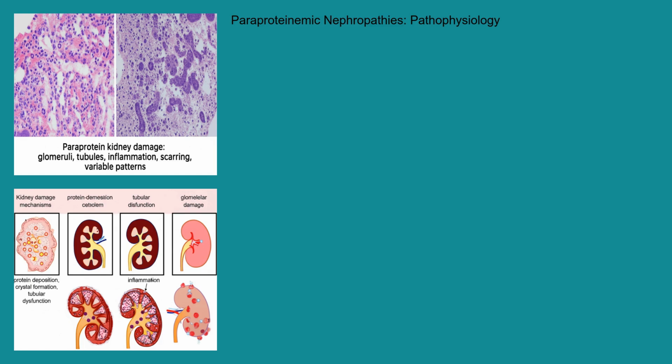The pathophysiology of paraproteinemic nephropathies is complex and varies depending on the type of paraprotein involved and the specific kidney structure affected. Essentially, these paraproteins can damage the kidneys in several ways. They can directly deposit in the glomeruli, the filtering units of the kidney, causing glomerular damage and impaired filtration.